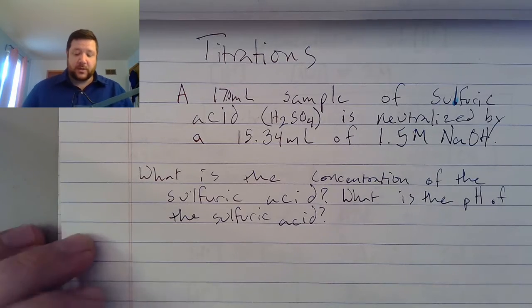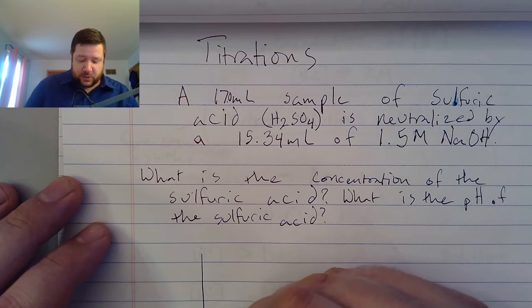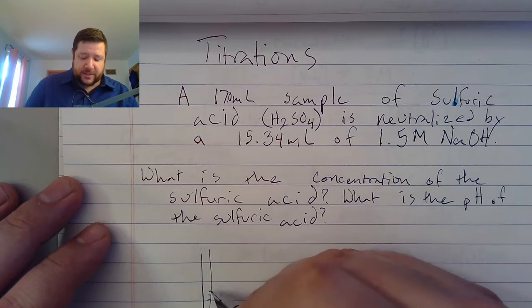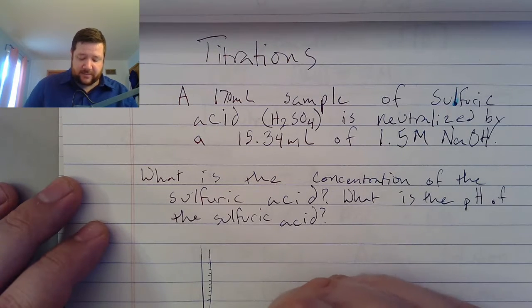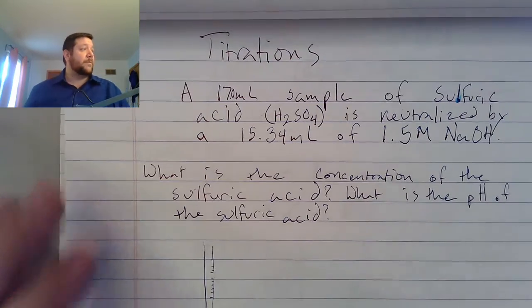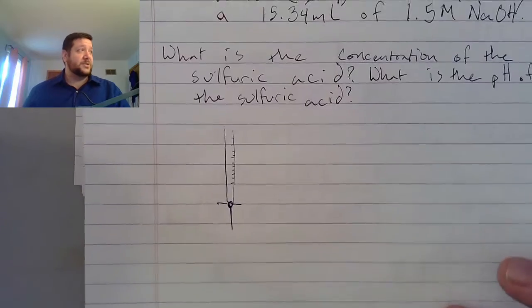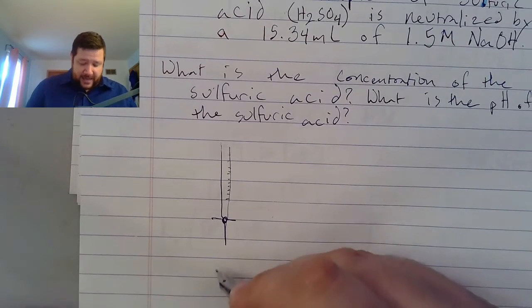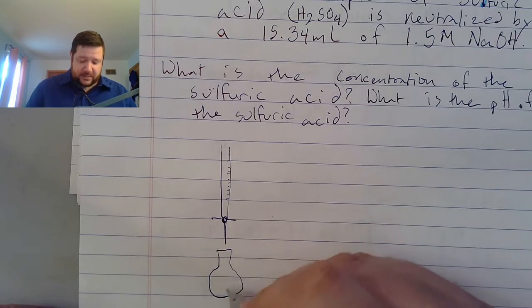So, the way that this works is you take a long, skinny tube that can accurately measure volume. That long, skinny tube has a valve that lets you go drop by drop and place that into an unknown sample of either an acid or a base.